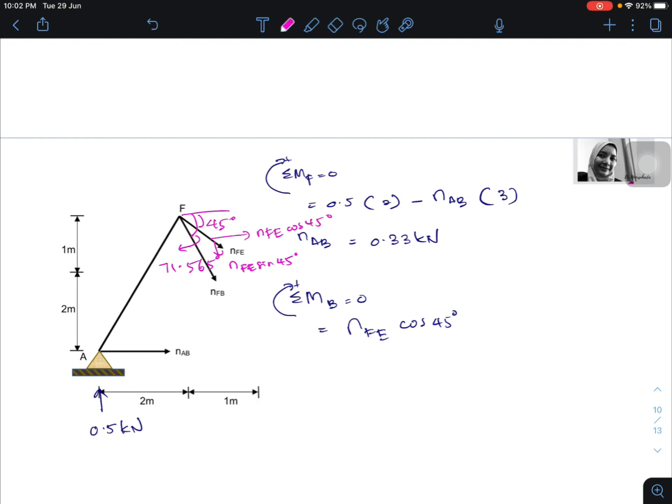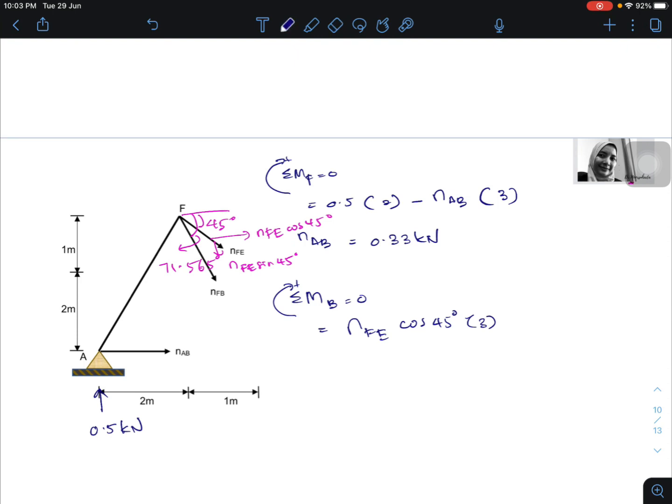NFE cos 45 degree times 3 meter. This one rotates clockwise about B, and the distance from F to B is 3 meter.